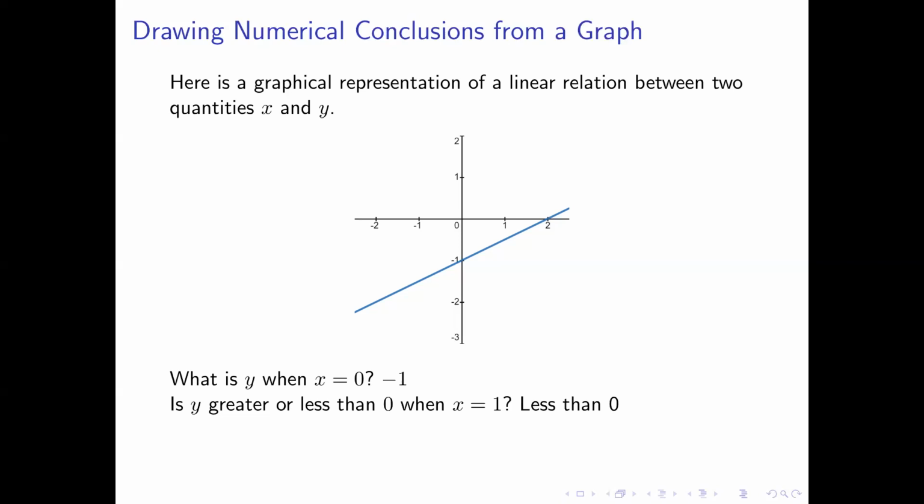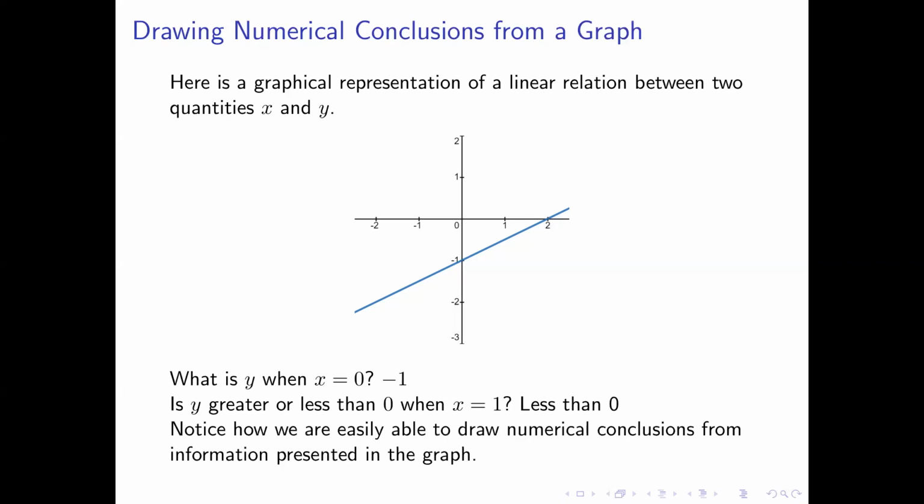But the key thing to note right here is that we are drawing numerical information about particular numerical values of, in this case, y, based on information we see in the graph. This is an example of how we can take a graphical representation of a relation and, in a sense, translate it into a numerical representation, or at least numerical information about the relation.